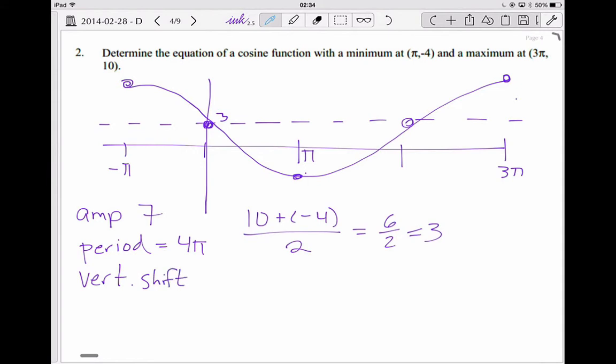Since our new center line is at y equals 3, I know that I've gone up 3. Here's the thing, there are infinitely many cosine functions that would make this graph. So I'm just going to pick one, maybe 2 of them.